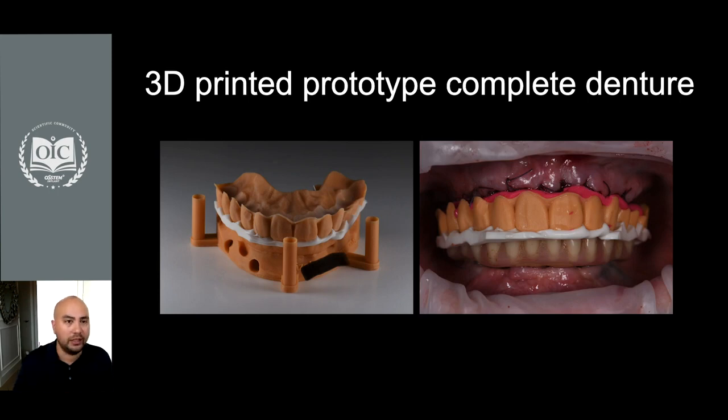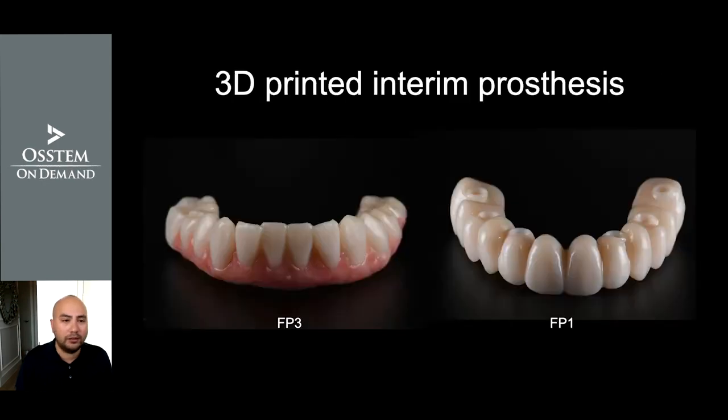So we use this technique to fabricate a prototype complete denture for the virtual pickup, or we can fabricate an FP3 interim prosthesis on the same day, or an FP1 prosthesis, which is designed to fit directly onto the multi-unit.